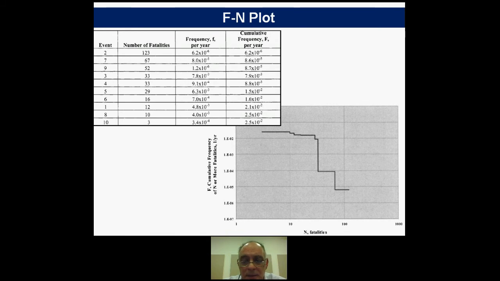In this case, we're talking in terms of fatalities occurring as a result of some events. There's a cumulative frequency of events which has, of course, as a result, a number of fatalities. And when you plot the result of such an approach, we come up with a so-called FN plot.